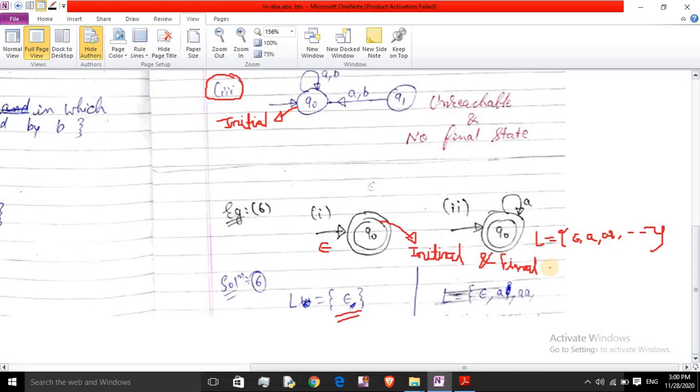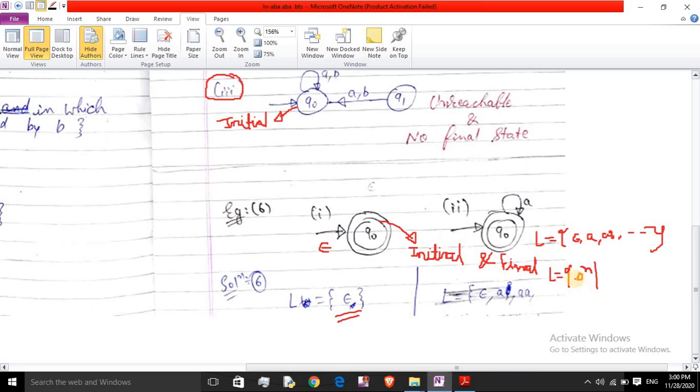So how will we represent it properly? Now look at here. There's a language such as 0 to the power n. This is an example of an infinite language, because we can also construct a finite automata for it, but this language is not finite because the length of this language is not finite.